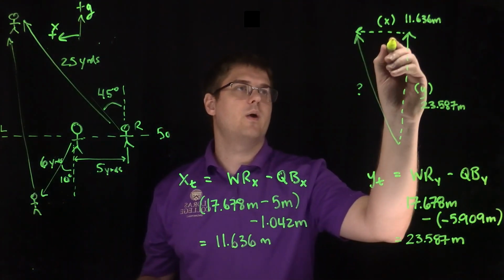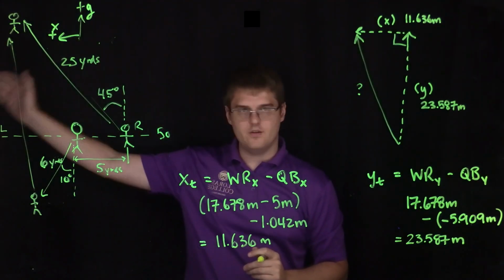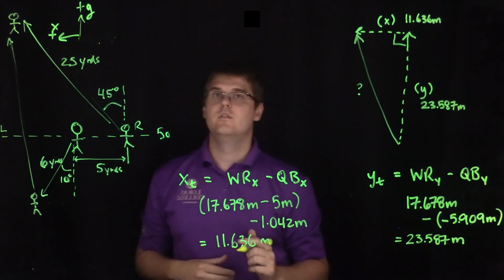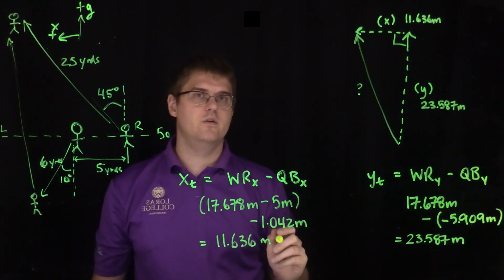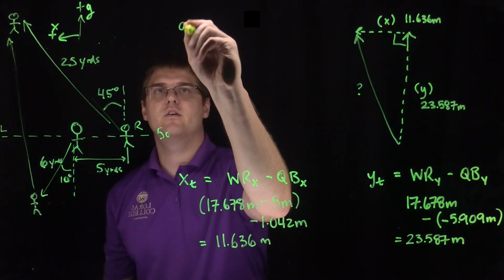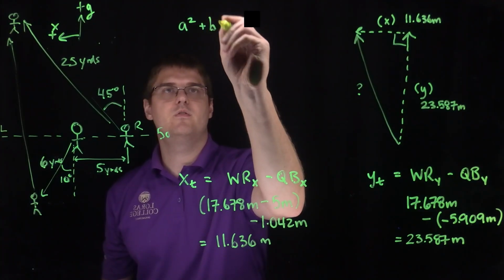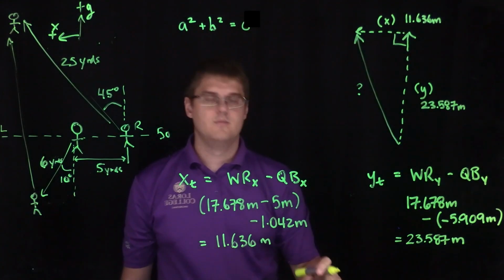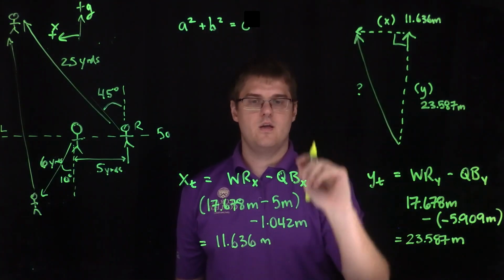Well, this is a right triangle because any distance downfield is perpendicular from any distance to the left by definition. So I have a right triangle, and I know for a right triangle, a squared plus b squared is equal to c squared. Right on that lovely white square that I don't know how to get rid of.